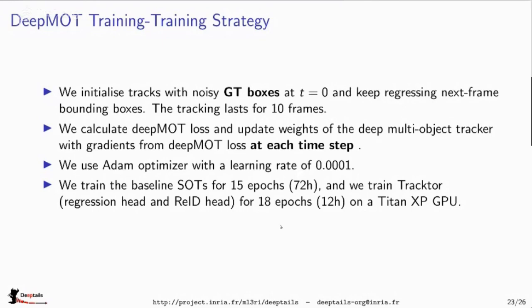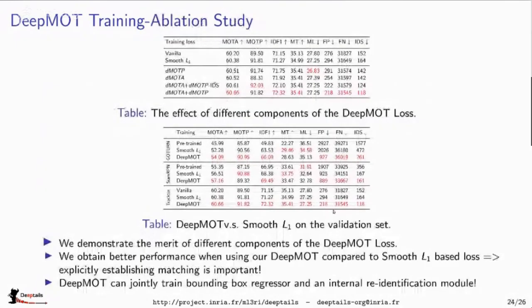In terms of training time, we need 72 hours to train the baseline SOTs. But for Tractor, because we trained only the regression head and reality head, it takes around 12 hours. Finally, we ablate different terms of the DeepMOT loss. In this table, we can see the effect of each term.